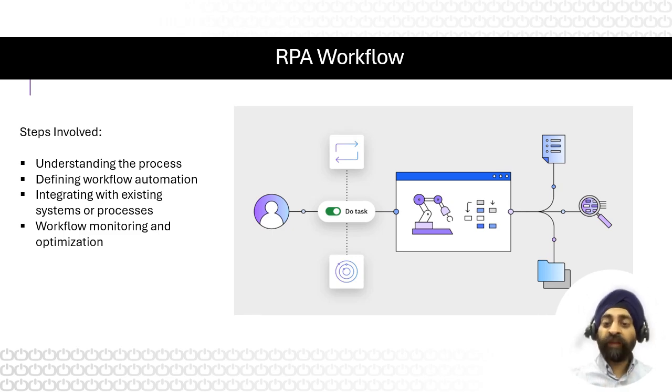Now, for step number three, if it is creating some information or entries in the system, then it requires an integration. So whatever system where you are trying to provide an input or get the output, how our RPA tool is going to connect with that system is through the integration we are talking about here.